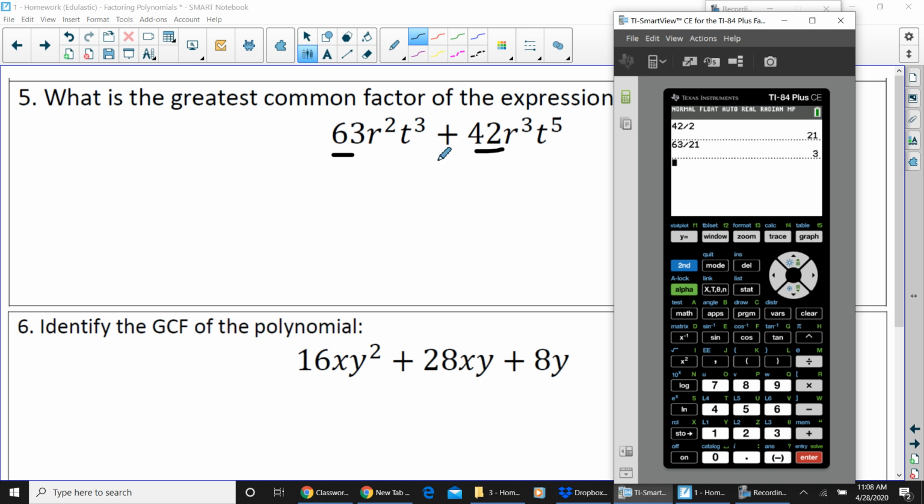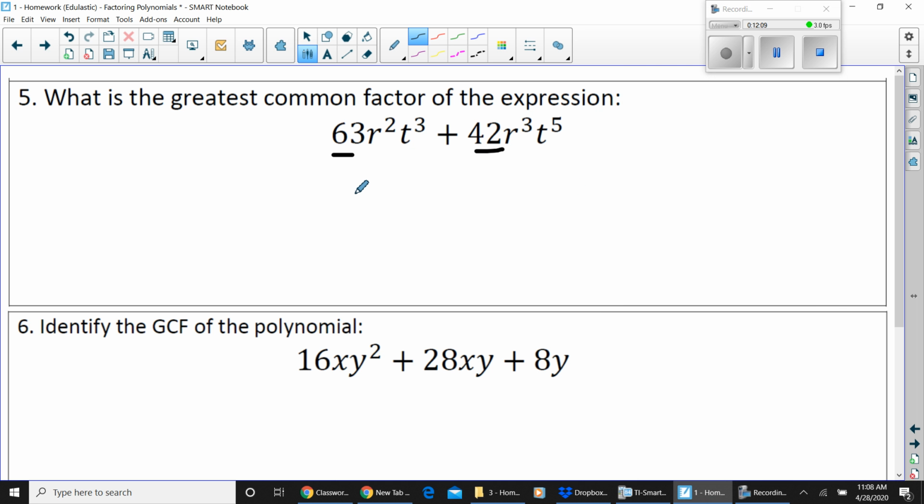Yes, it does. All right, so 21 is the greatest common factor, and that's what you do with your calculator. If you were factoring this whole expression, you would put a set of parentheses. For this one, it's just asking for the greatest common factor, so that's all we're going to do. So it's 21, which goes into both those numbers.